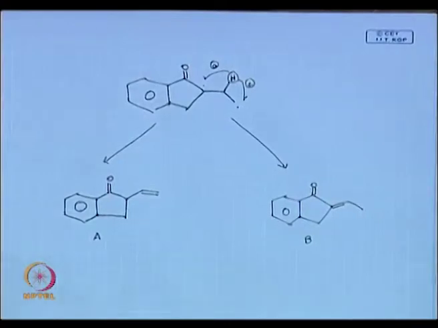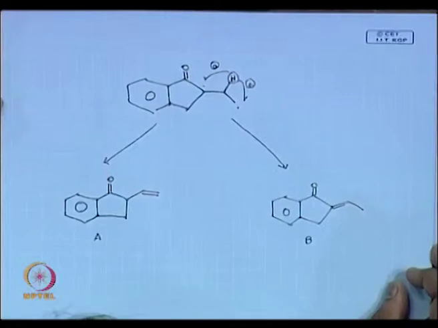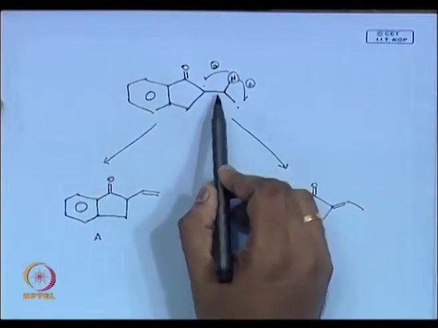because you know that an internal alkene is much more stable. Fine, that is good. Can it be extracted from the CH2? Hydrogen can be extracted from the CH2 of the pentane ring. Which CH2 are you talking about? This hydrogen, pentane ring.